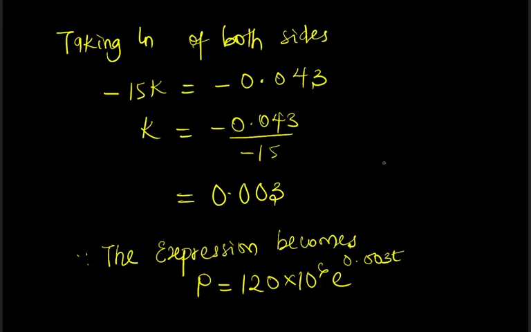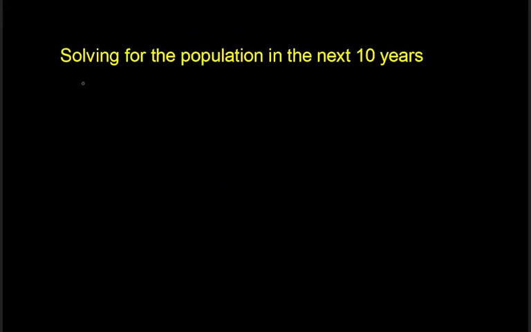How do we find the population in the next 10 years? So we are going to solve for the population in the next 10 years. This means that t will be equal to 10. We are going to substitute the value of t into the expression.